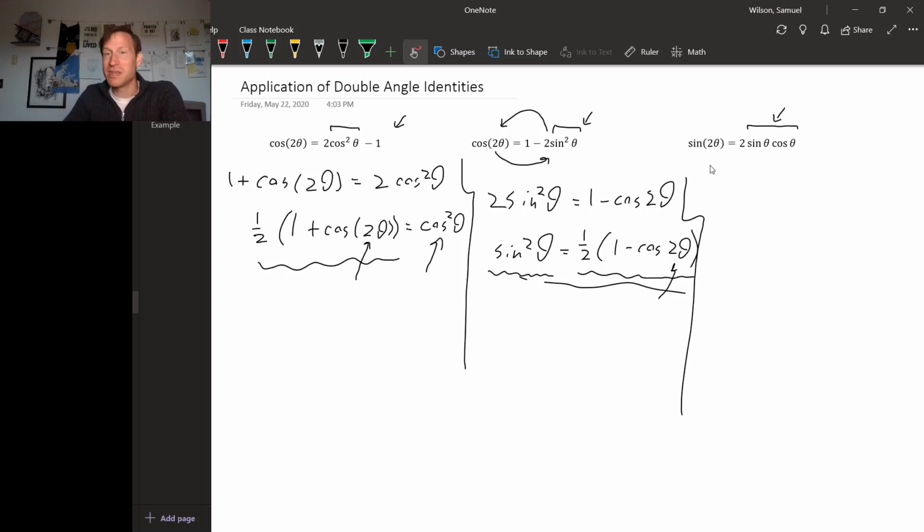Finally, we could do the same thing with the double angle formula for sine. This one, I guess there's nothing to do but just divide both sides by 2. You get 1/2 sine of 2 theta equals sine theta times cosine theta. So this just sort of completes the picture. If you have cosine times cosine, that's this one. If you have sine times sine, that's this one.